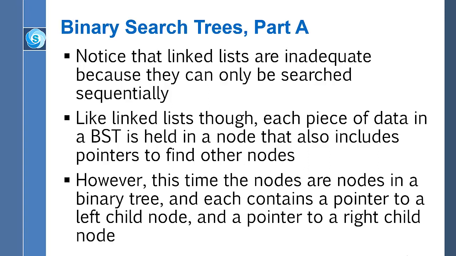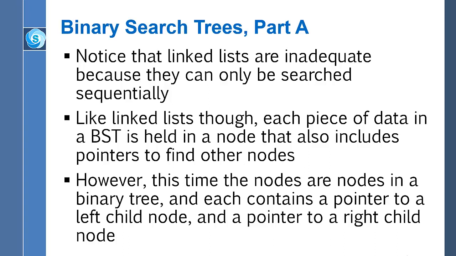These nodes are going to be linked together, as we've said, in such a way to form a binary tree. Okay, and if you remember, a binary tree is a situation where every node can have two child nodes. It might or might not have a left child node, and similarly, it might or might not have a right child node. Okay?